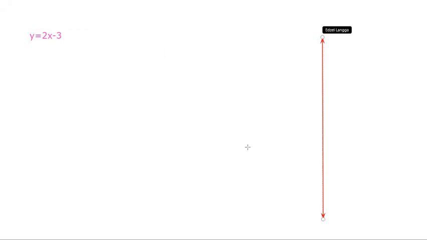For example, this is our coordinate system. It's the y-axis and the x-axis. And of course, there are numbers, right? That's 1, 2, 3, and 4.